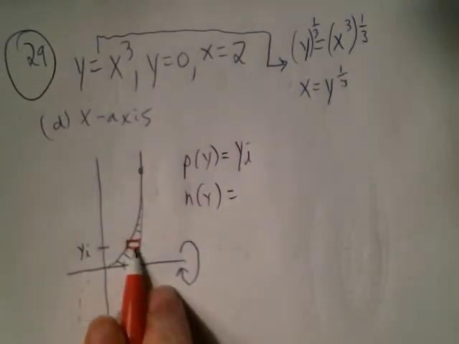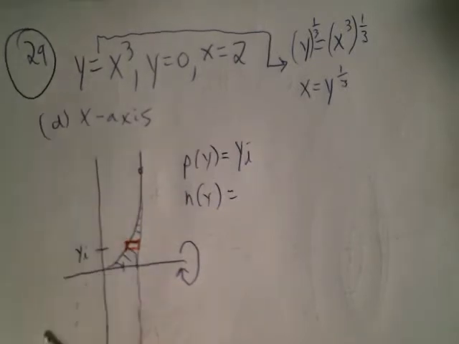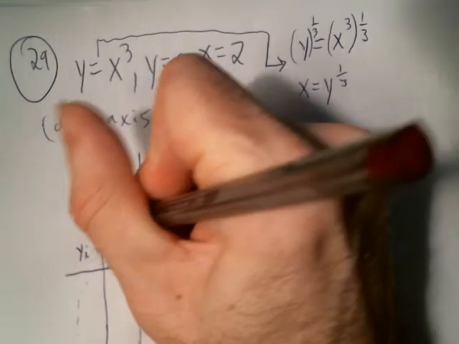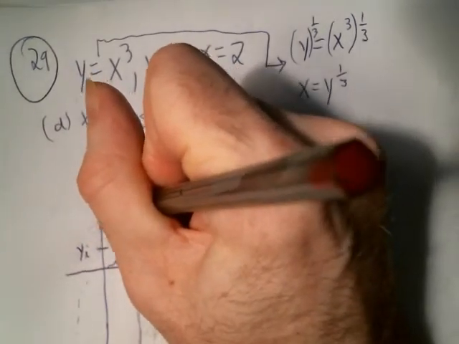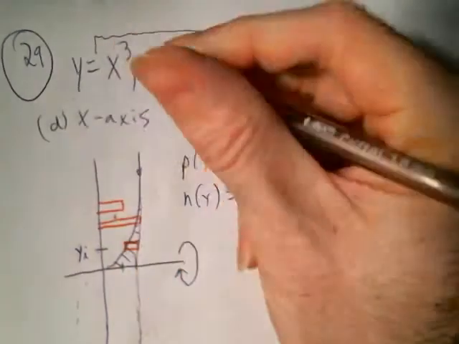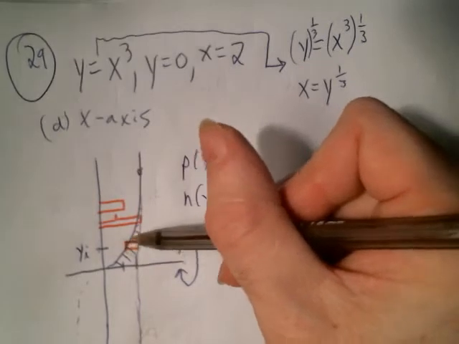But we need to know this smaller distance, right? So the smaller distance we think of as a difference of distances. It's really the difference between this distance and this distance. Okay, it's that difference which gives you this distance here.